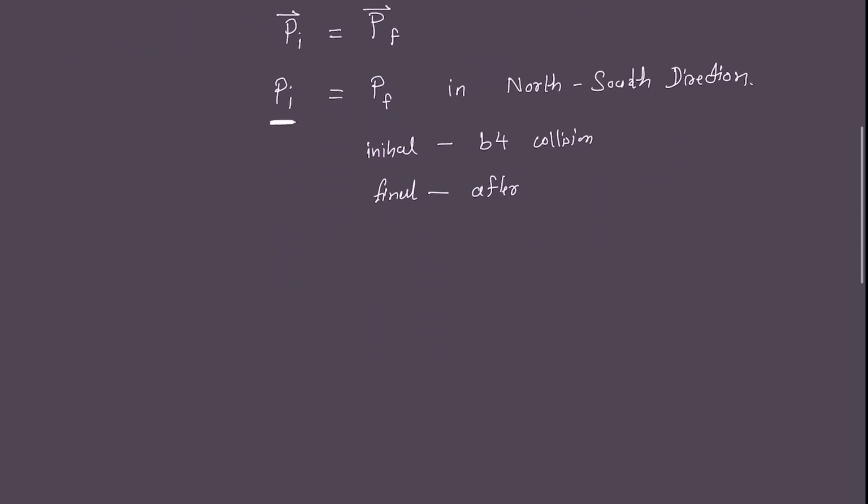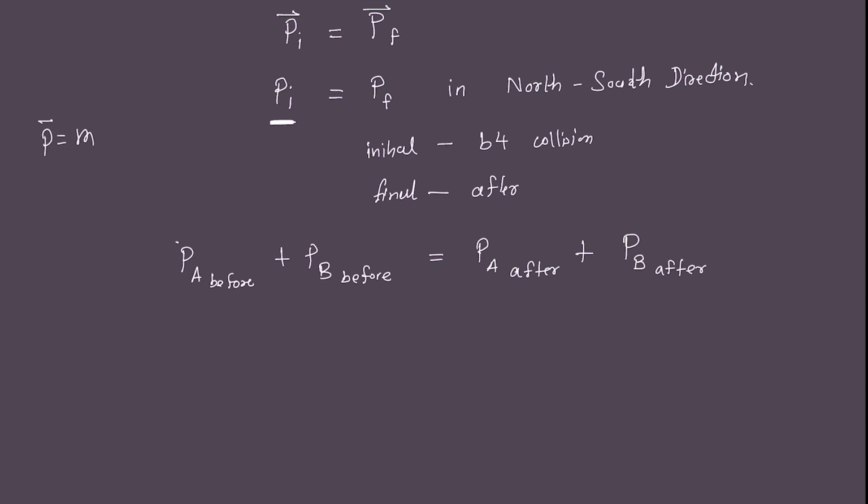So what that means is that I'm going to write down the momentum of ball A before plus the momentum of ball B before, that will be equal to the momentum of ball A after plus the momentum of ball B after. And momentum is given by mass times velocity. In scalar form, it is just m times v.